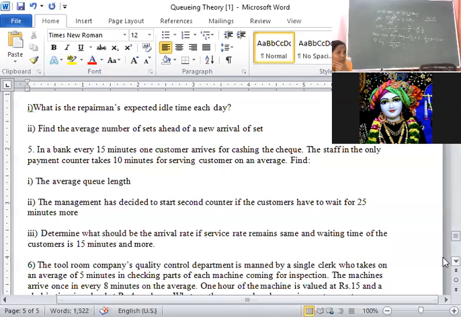Those who have completed that problem, go through the fifth problem. Everybody got the answer?